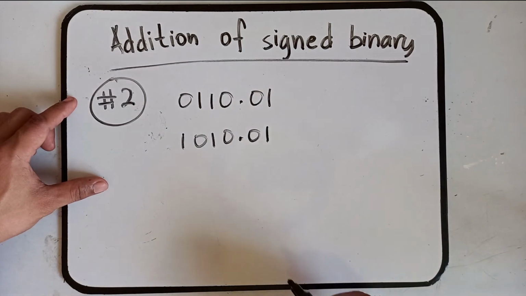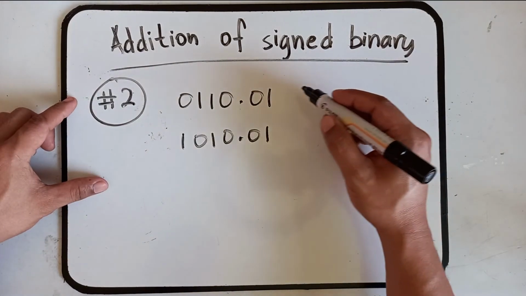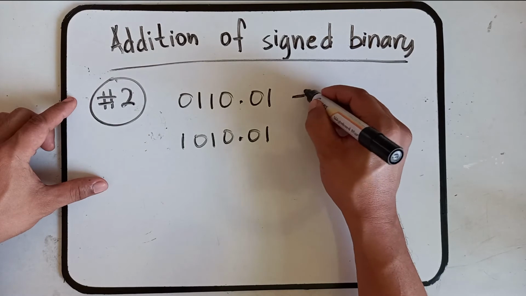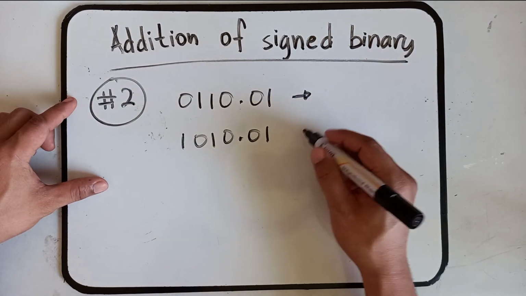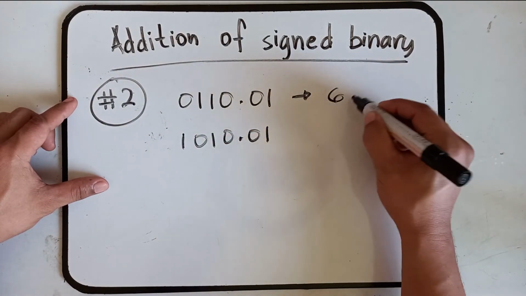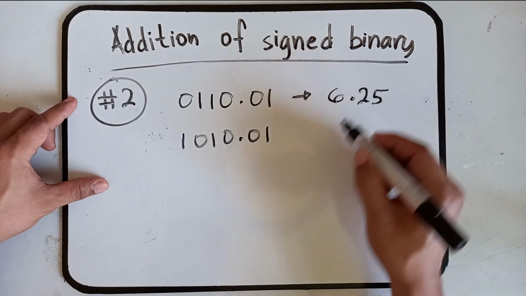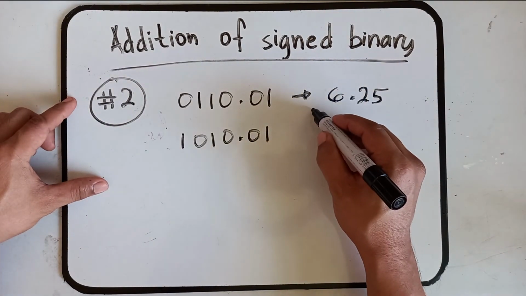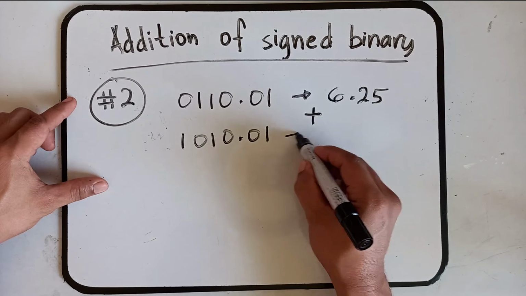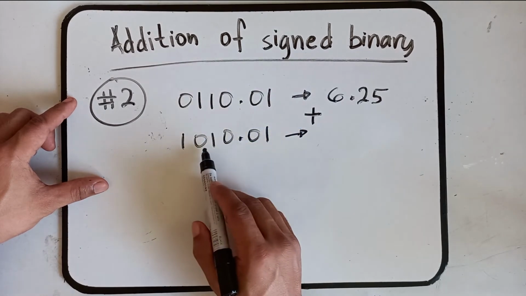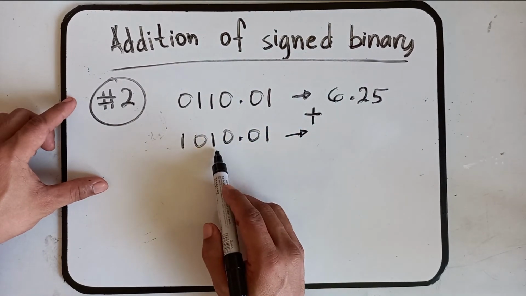All right. So let's determine the decimal form of the first given. So this is 6.25. And then we have to add this to the decimal form of this second given.